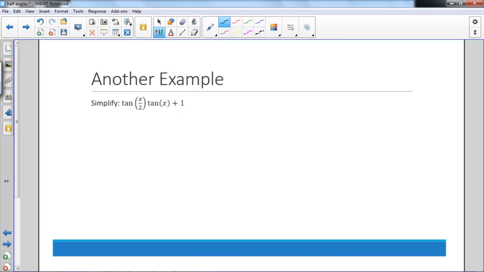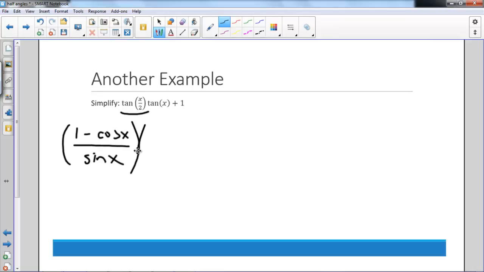Okay, in this last example, I wanted to show you again that we can still continue simplifying and manipulating trigonometric expressions as we get more formulas. So now that we have the formula for tangent of x over 2, I can now simplify this equation. I'm going to use the equation 1 minus cosine x over sine x.